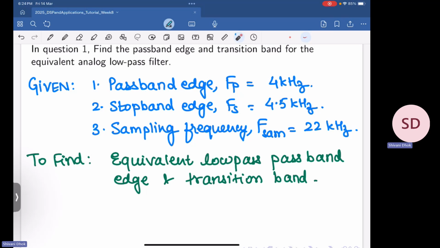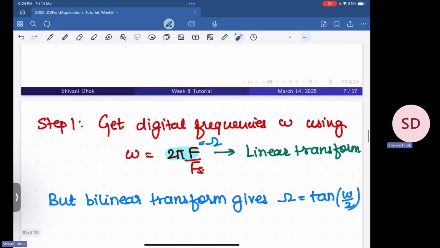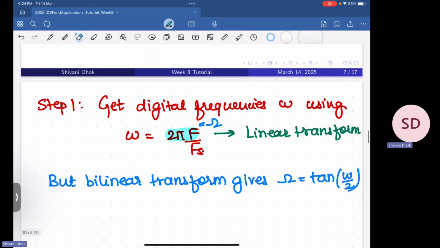So in order to avoid this, based on these specifications we first find the little omegas, and then using this bilinear transform equation, we get another set of analog frequencies which we will use to design our analog filter, which will give me the equivalent frequencies in the digital domain that we want.